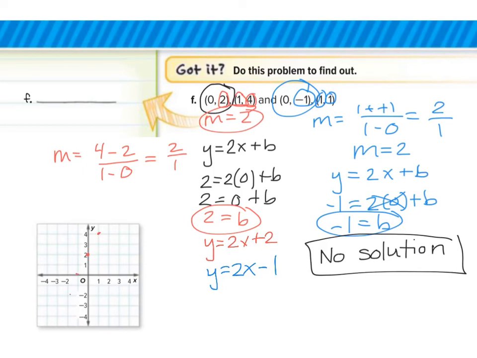So I can draw my line for my first equation. For my second equation, my y-intercept is -1, up 2 over 1. Just making sure that it's graphed correctly. The lines will be parallel, so there is no solution for this one.